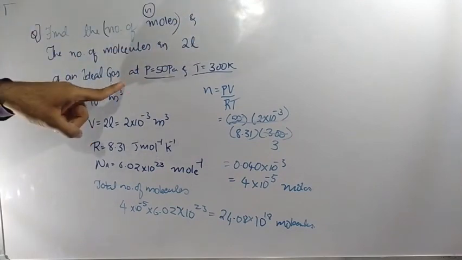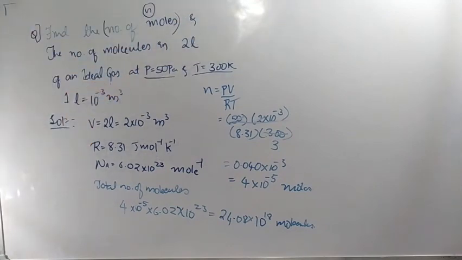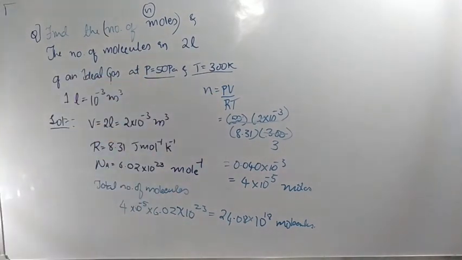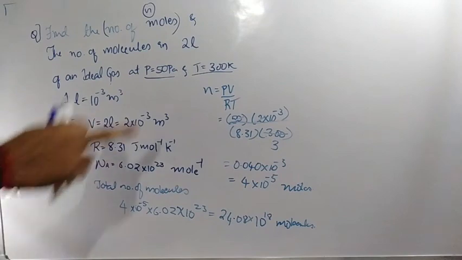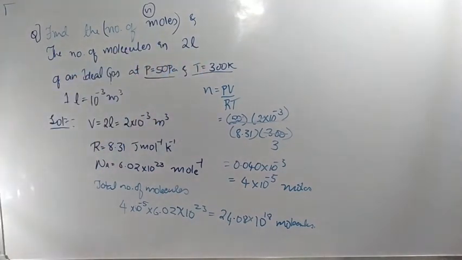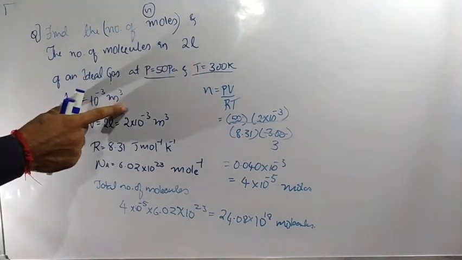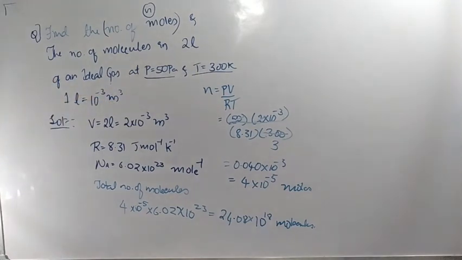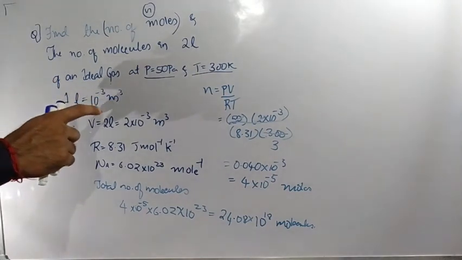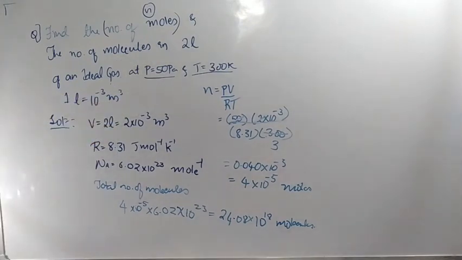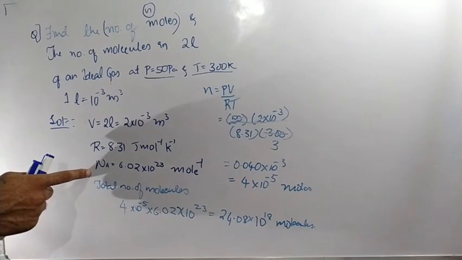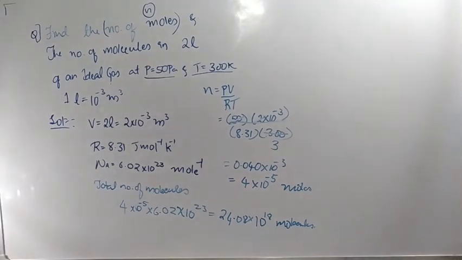The given gas is an ideal gas, so you can apply the ideal gas equation PV is equal to nRT, and for that the pressure value and temperature value are given to you. This conversion they won't give you, you have to remember it: 1 liter is equal to 10 to the power of minus 3 meter cube. And R value, Na value, standard constants, you should remember these values also.